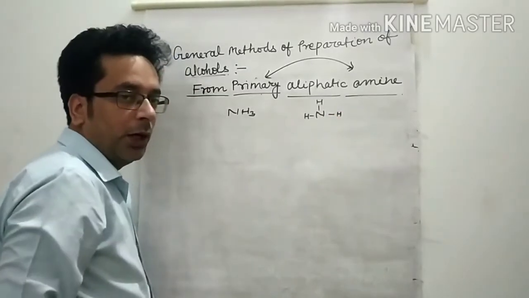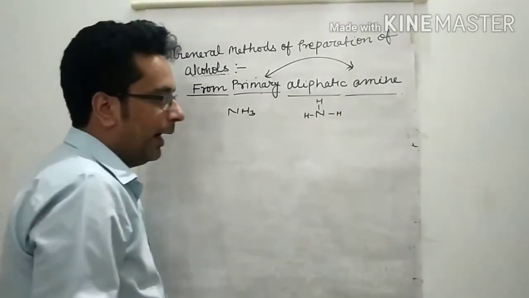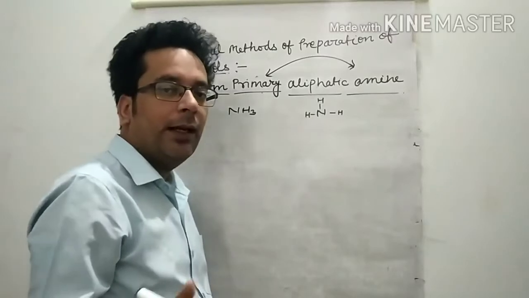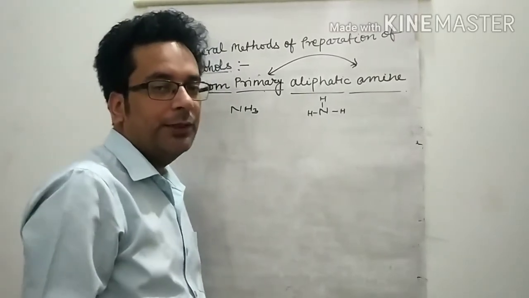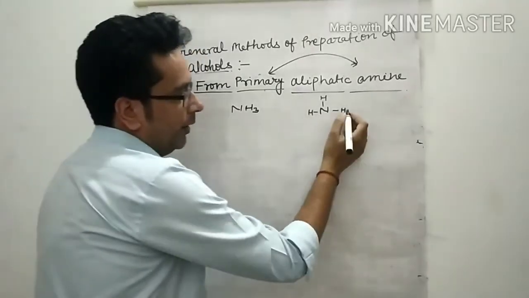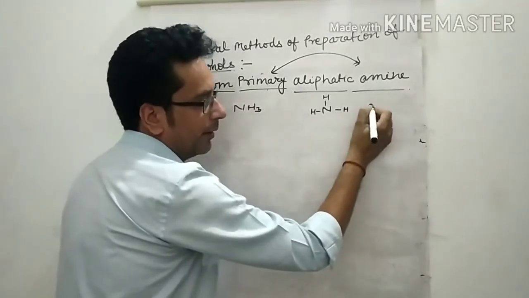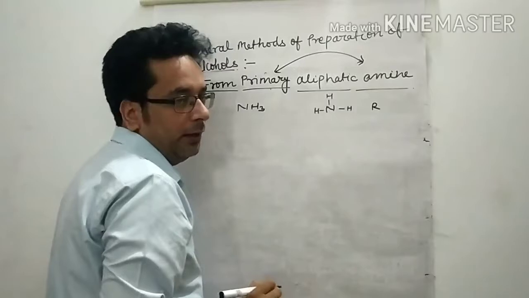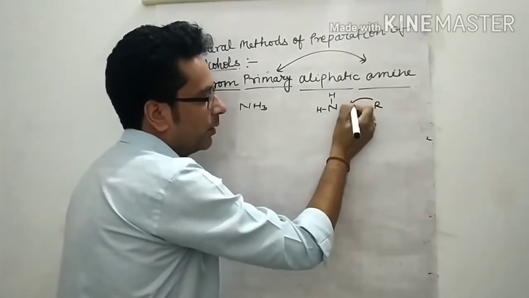When one hydrogen is replaced by an alkyl group, then there is formation of primary amine. It means that one hydrogen is removed and replaced by R. R means alkyl group.